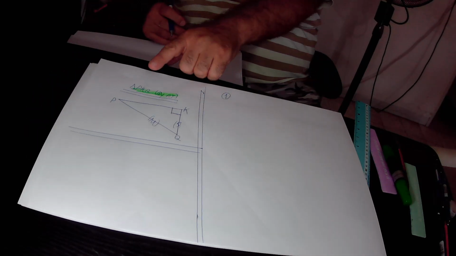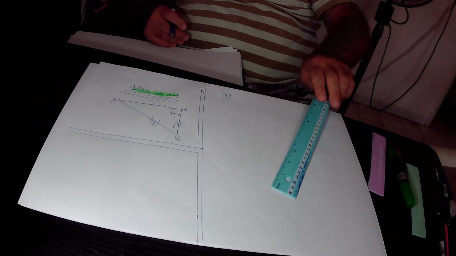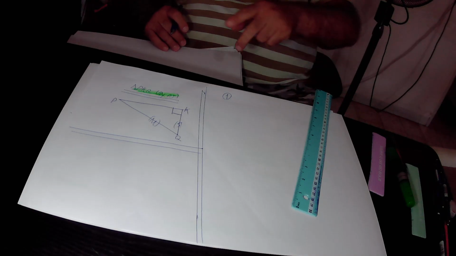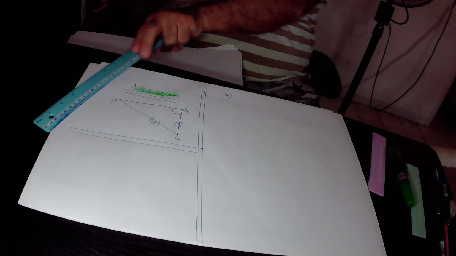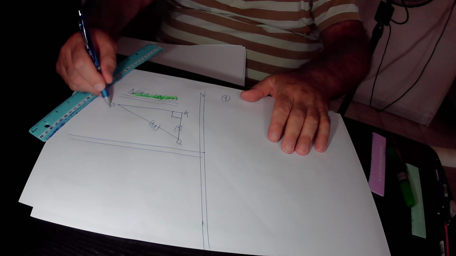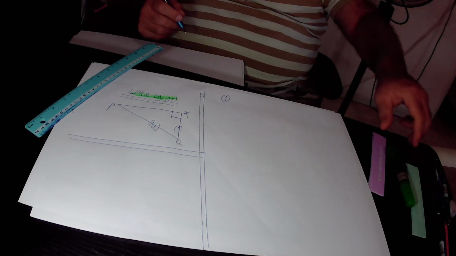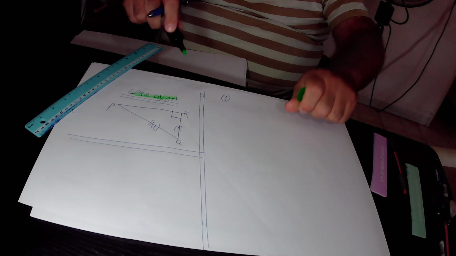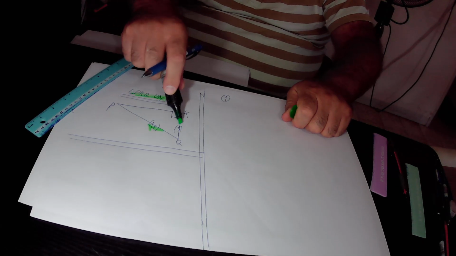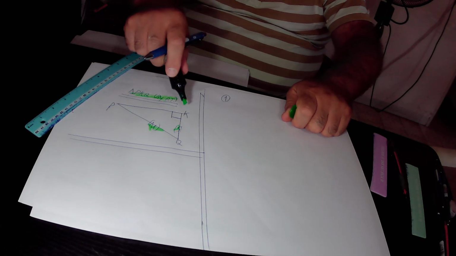So actually, this is the right green triangle PKQ from the original drawing. This right triangle PKQ, according to the Pythagoras theorem, PQ squared, that is the square of the hypotenuse, is equal to PK squared plus KQ squared.